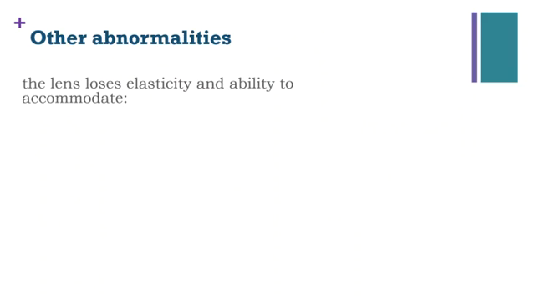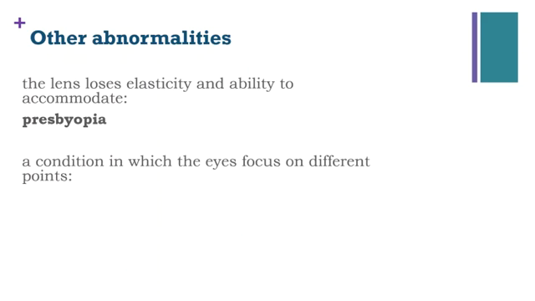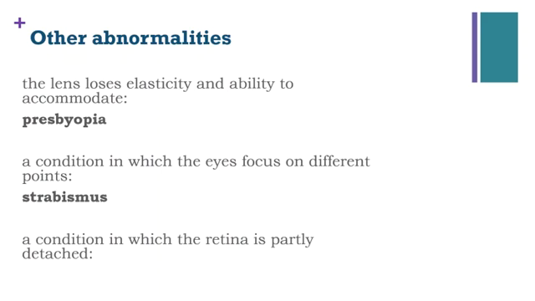When the lens loses elasticity and ability to accommodate, we call it presbyopia. A condition in which the eyes focus on different points is called strabismus. A condition in which the retina is partly detached is called retinal detachment.